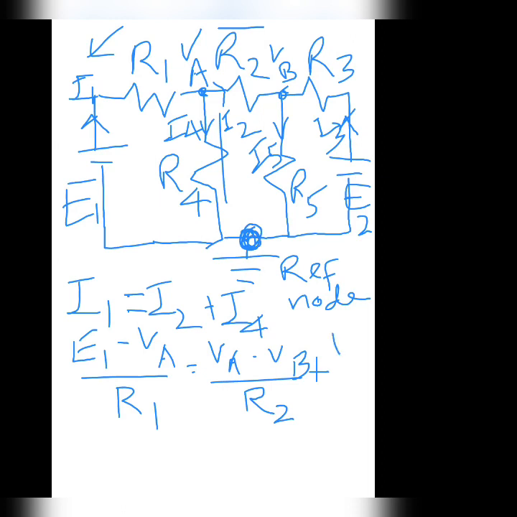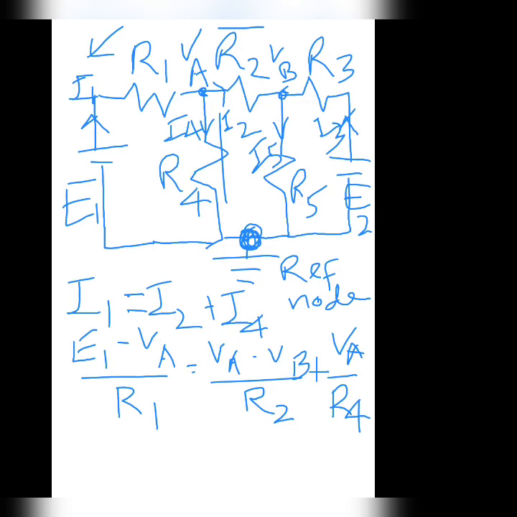So we can write as VA upon R4. Okay, so this is one of the couple of the equations. One is KCL based, second is potential difference.